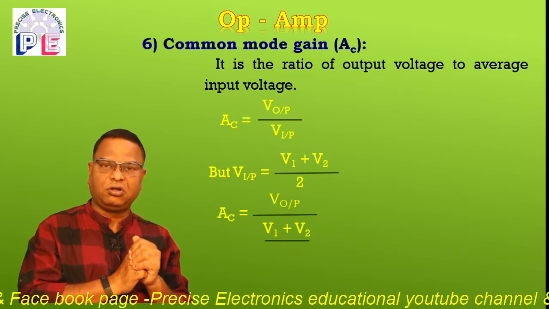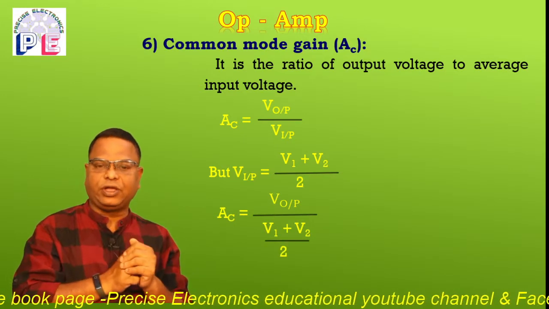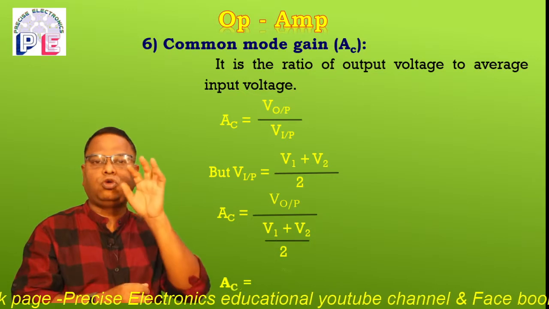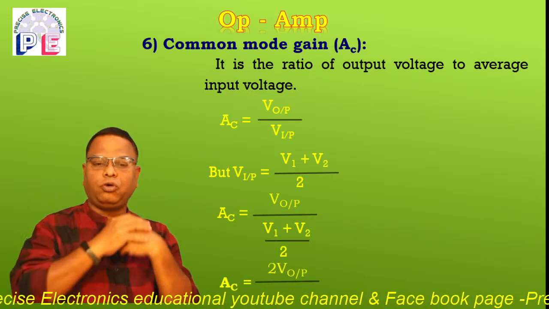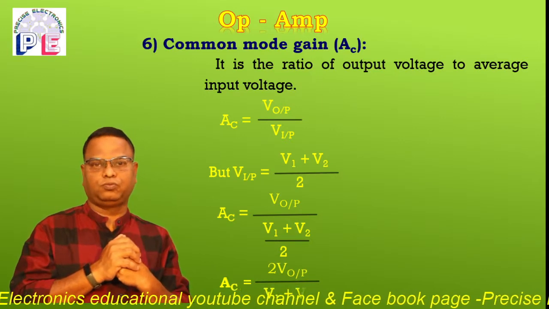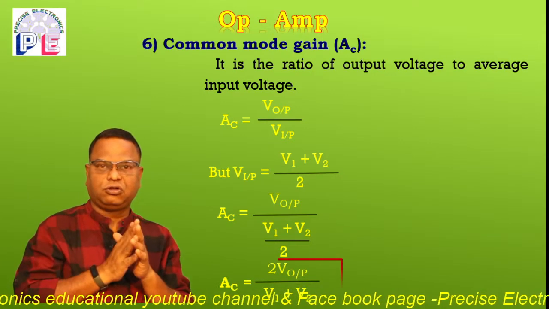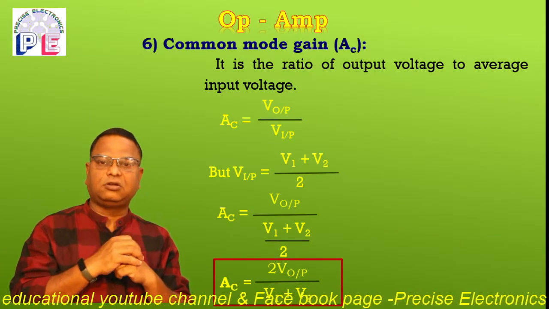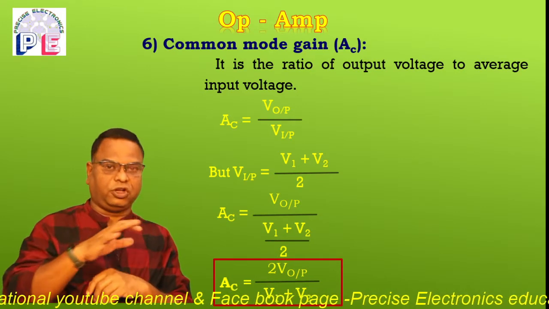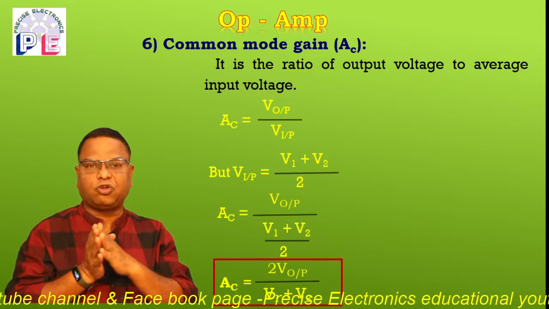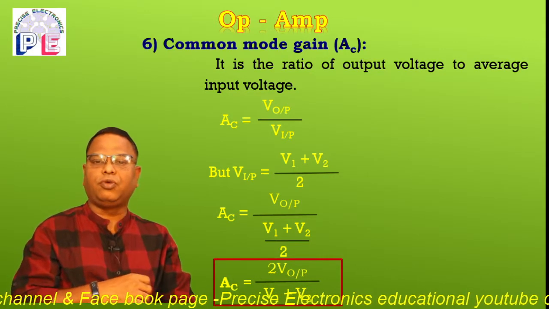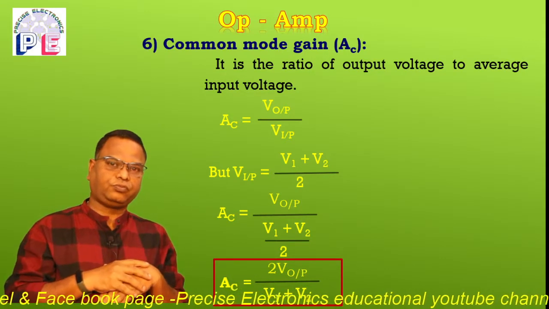Rearranging this equation, we get AC is equal to 2 V output, that is twice the output voltage, to V1 plus V2. So that is our final equation. What is the common mode gain of the amplifier? That is AC is equal to 2 V output upon V1 plus V2.